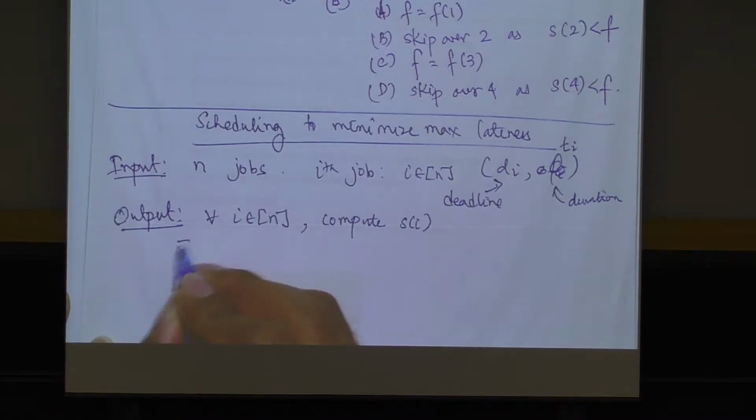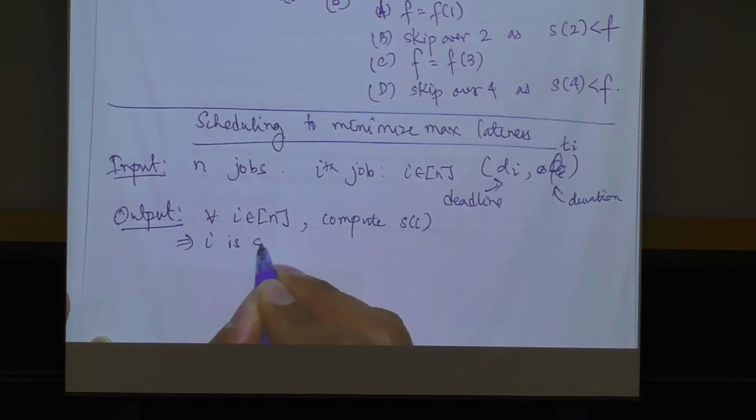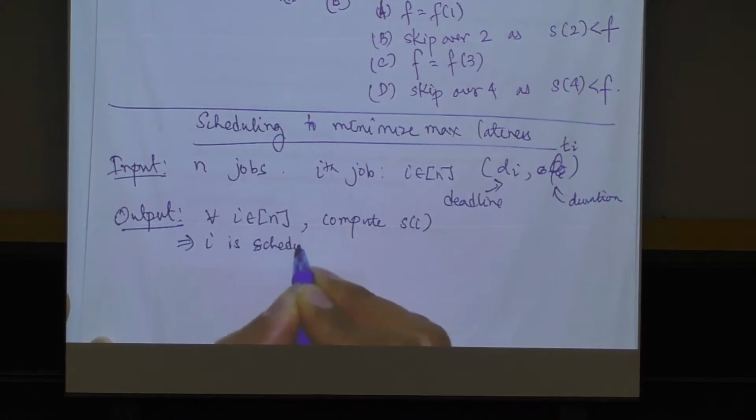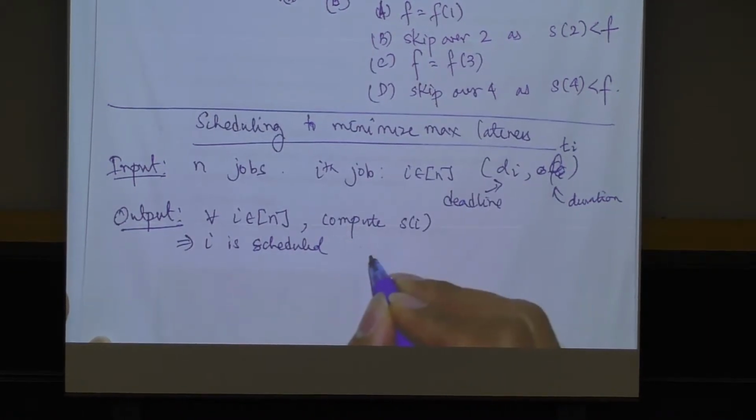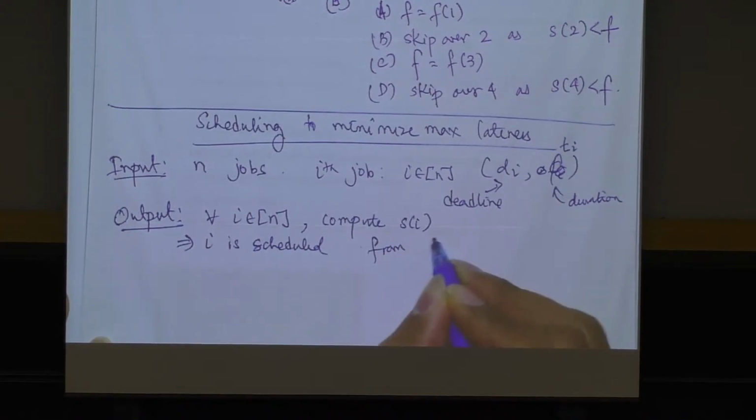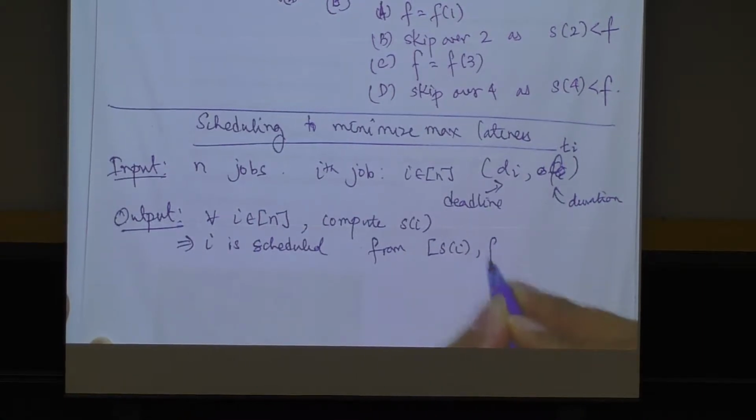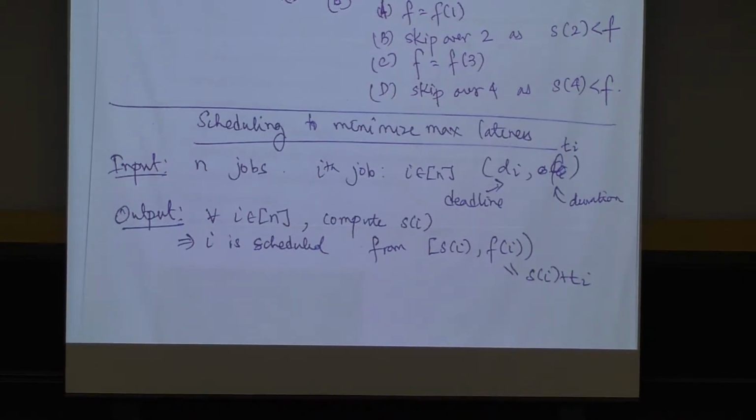Okay? So this implies i is scheduled from a start time si to a finish time of fi, and by definition this is start time plus duration. So the moment you schedule something, you have to finish it off.